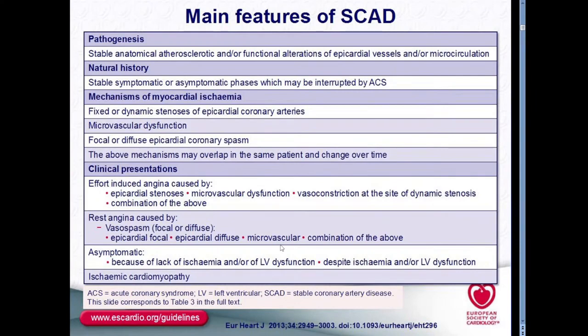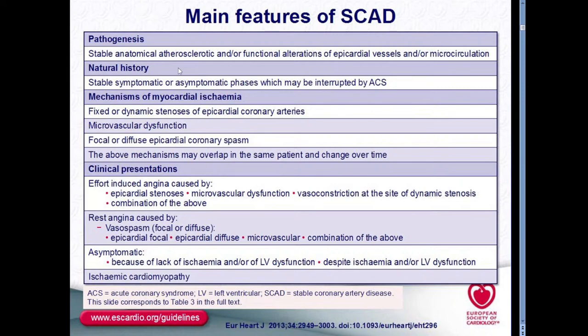What are the main features of stable coronary artery disease? You see here the abbreviation. So these are the pathogenesis basis. What is the problem? It's the presence of a stable anatomical atherosclerotic and functional alteration of epicardial arteries and/or microcirculation.